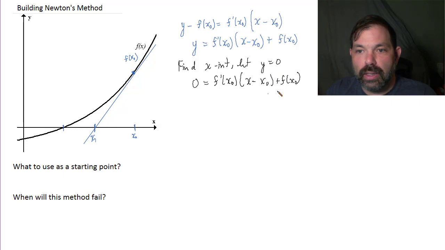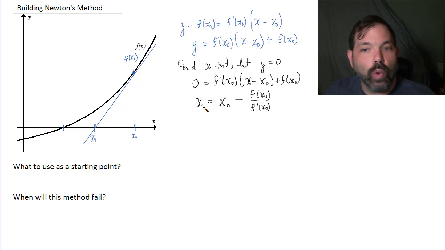So let's see, I'd subtract the f of x0, divide by f prime of x0, and add x0. So then x is equal to x0 minus f of x0 over f prime of x0. And this is not x anymore, but now this is x1.